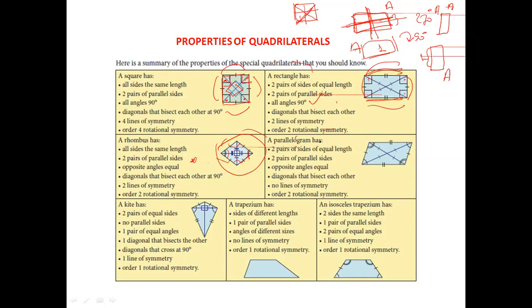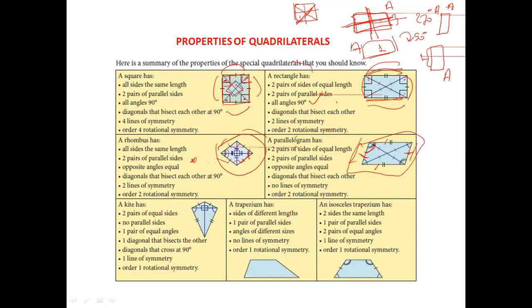And the fourth shape is, as you know well, the parallelogram. Two pairs of sides of equal length: this side and this side are equal, and also this side and this side. And two pairs of parallel sides. Opposite angles are equal.